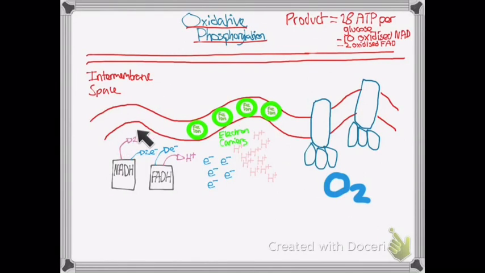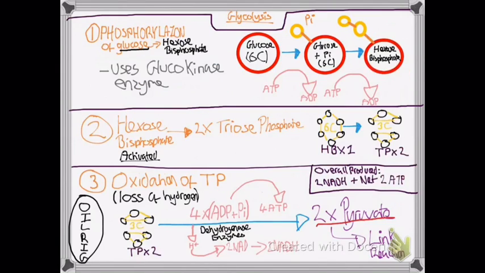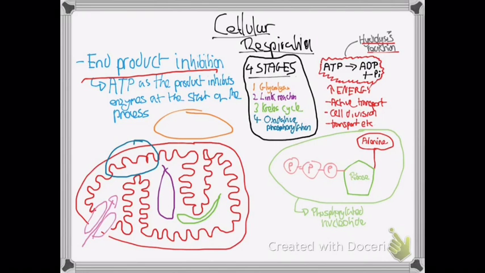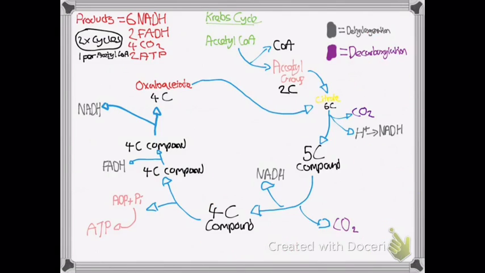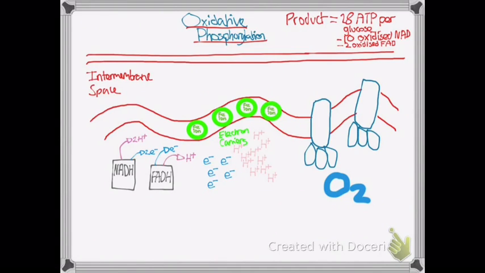So we know that NADH, reduced NAD, and reduced FAD both carry electrons and hydrogens. So when they get to this intermembrane space, which we highlighted here in the blue, we know that oxidative phosphorylation takes place there.